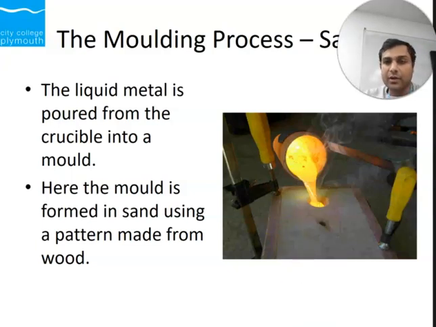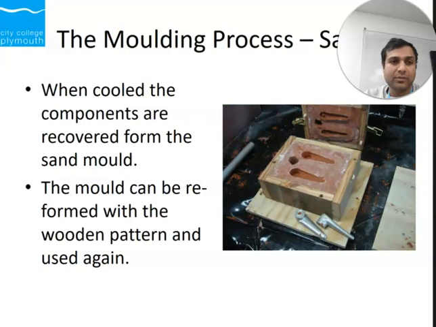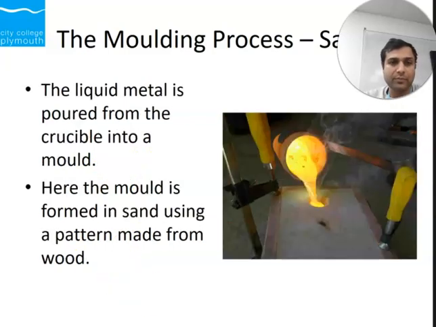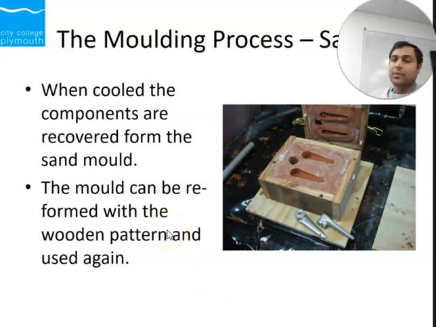Okay, now the next one. Now when it cooled down, you can actually see. This is not a very good example, but initially what we do is you have these molds, which you can see, the silver one.